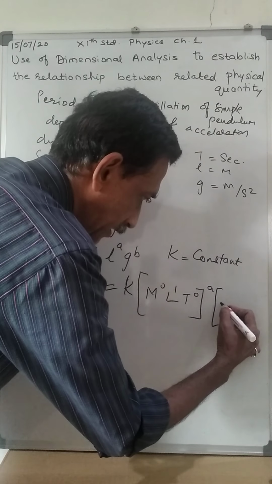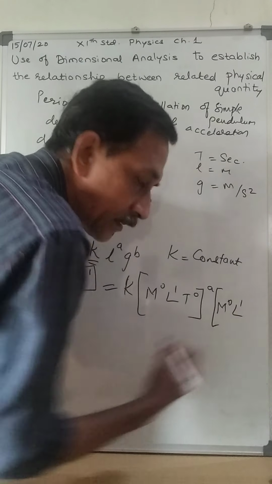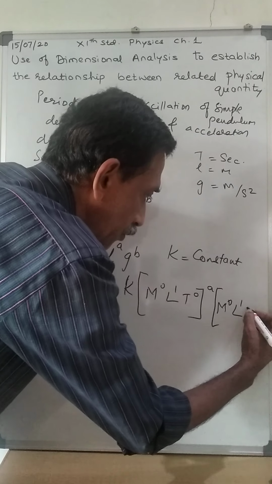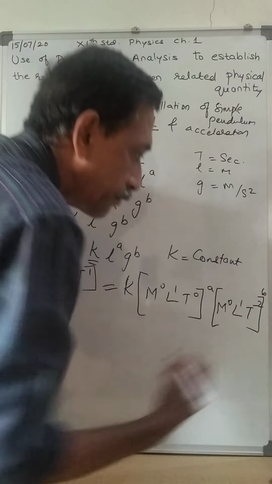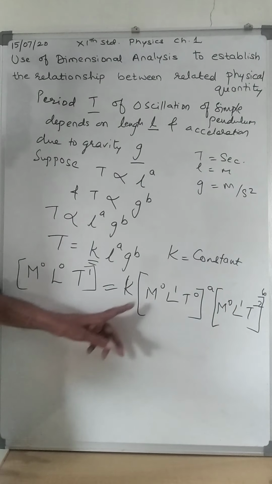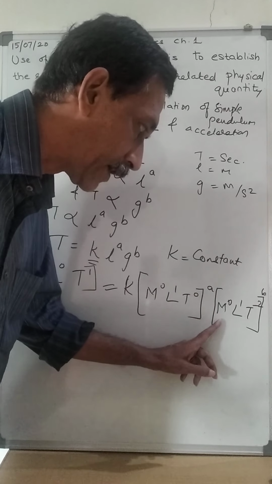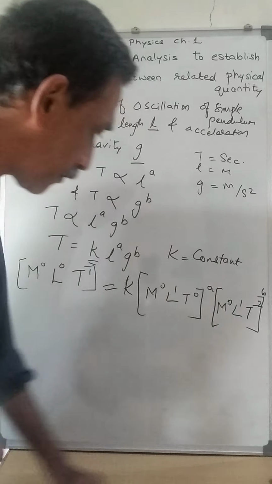Again mass is 0, meter is L raised to 1, per second square is T raised to -2. This whole is raised to B. So K, M0 L1 T0 raised to A, into M0 L1 T-2 raised to B.